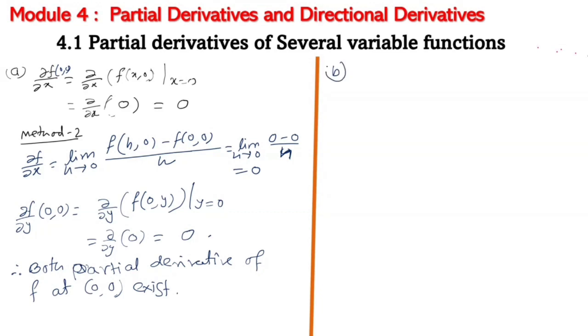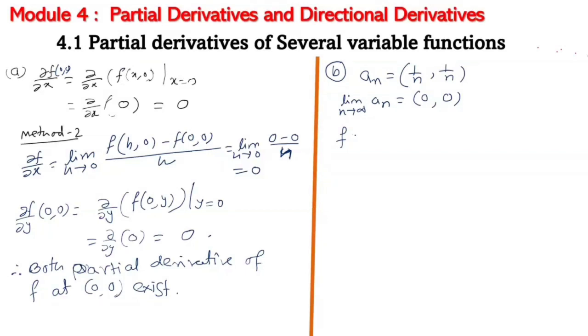Now part B, to show the continuity, let one sequence a_n be equal to (1 over n, 1 over n). Then the limit as n tends to infinity of a_n is equal to (0, 0).